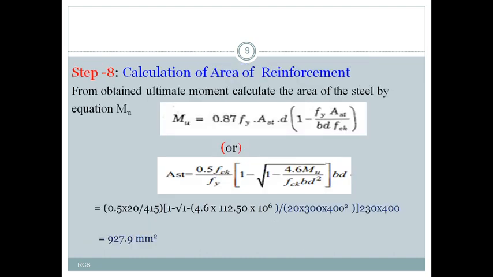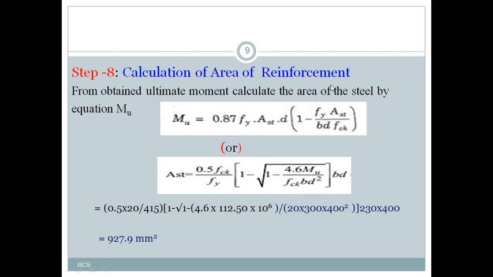Right. With the previous slide, we have calculated the b value and the d value, that is the width of the beam and the effective depth of the beam. But for design of a reinforced member, the design calculation covers the area of cross section and the amount of steel required in that particular section. These three parameters have to be calculated. Already we have calculated two, that is b and d. Now we have to calculate the area of tension reinforcement.